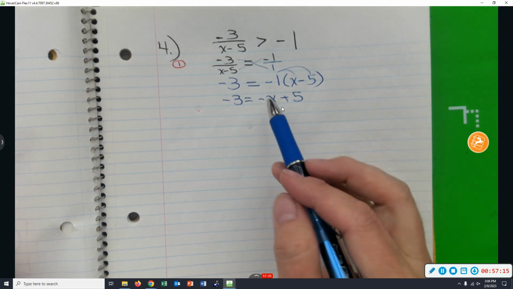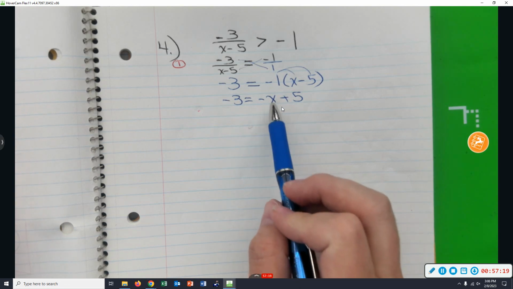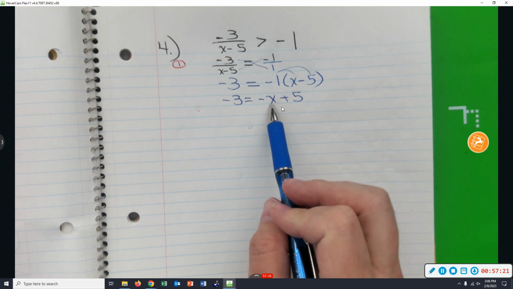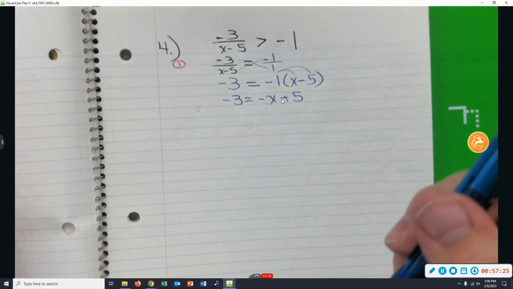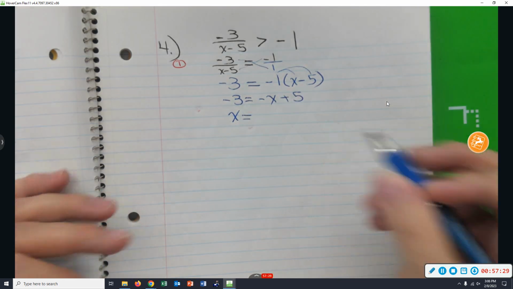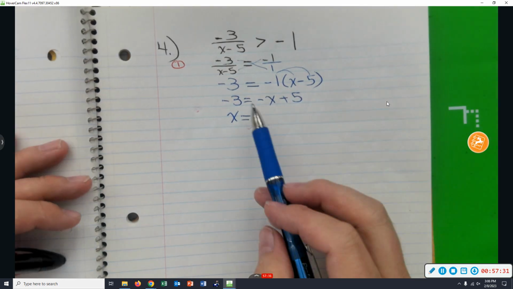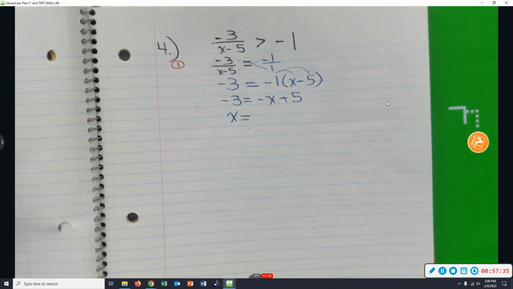We're trying to solve for x. What's the smart way to do the solve for x? What do you think I'm going to do with this term? Because then that -x will become positive.